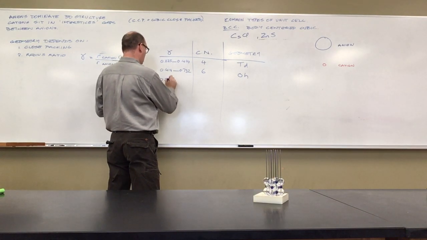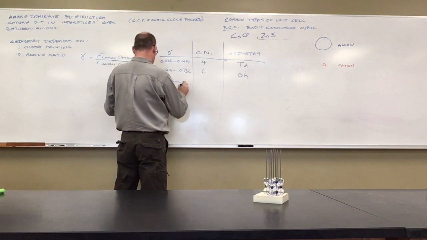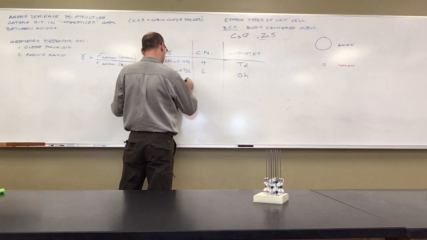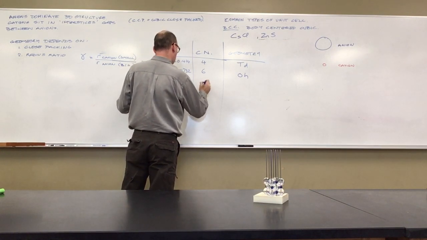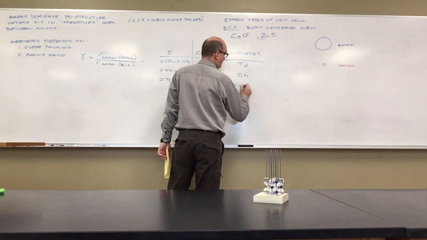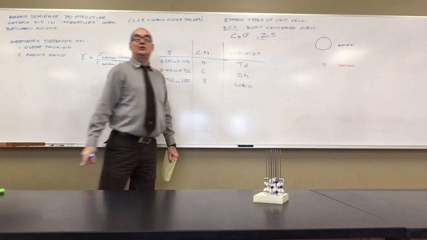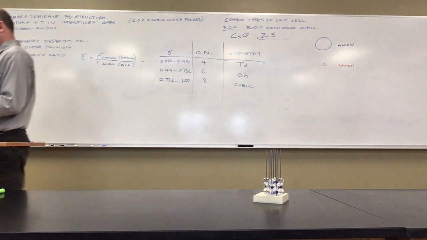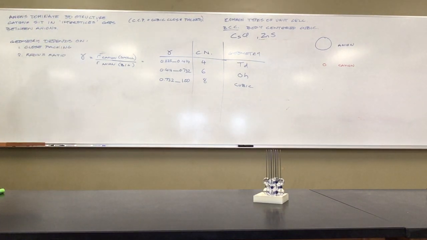And if your value is between 0.732 and 1, the coordination number is 8. And your geometry for that central cation is cubic.